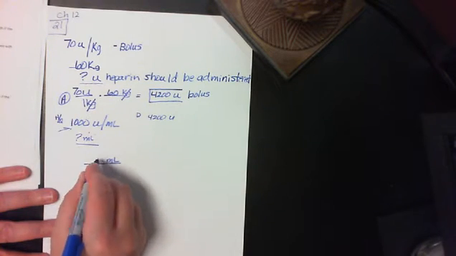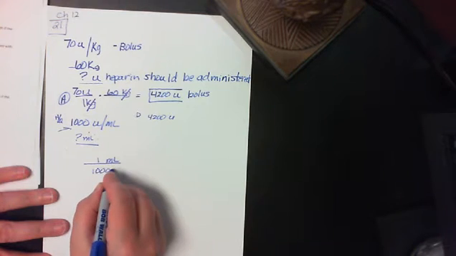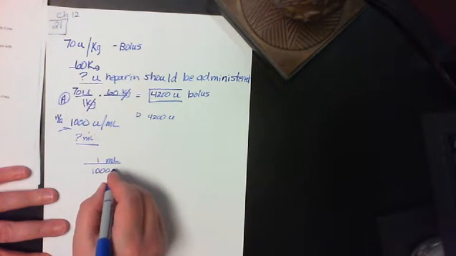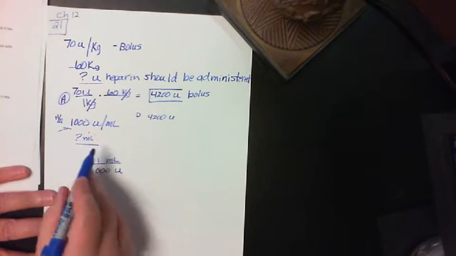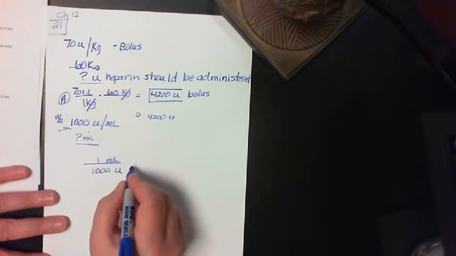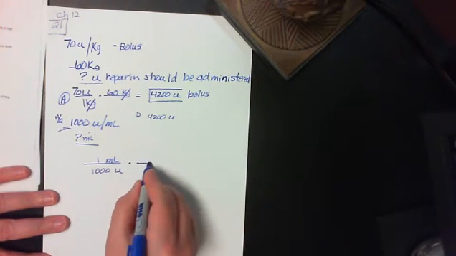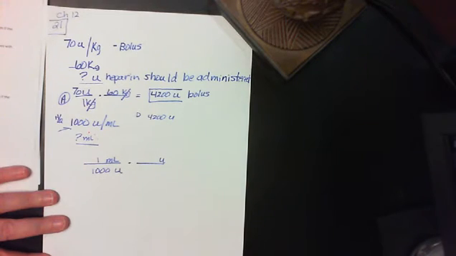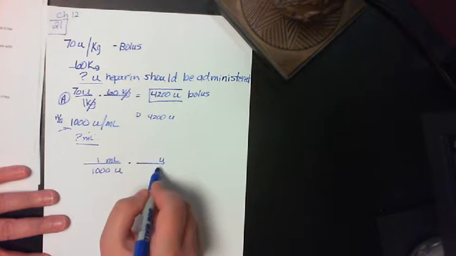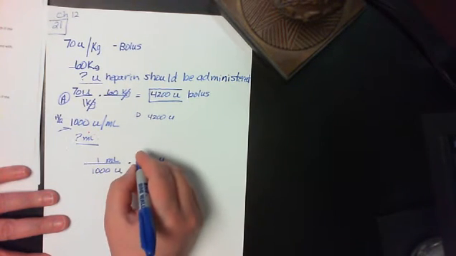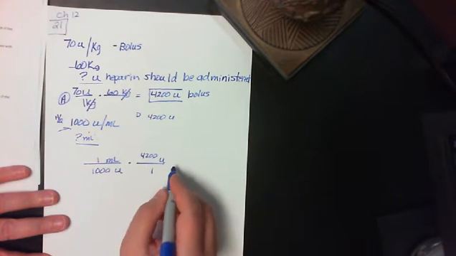So we'll have 1 milliliter over 1,000 units, right? So we've just written this in a different format, and then since this is in units, what has to come here is units. So for that bolus that we were administering, what number would we put here? Our 4,200 units, and then again over 1.